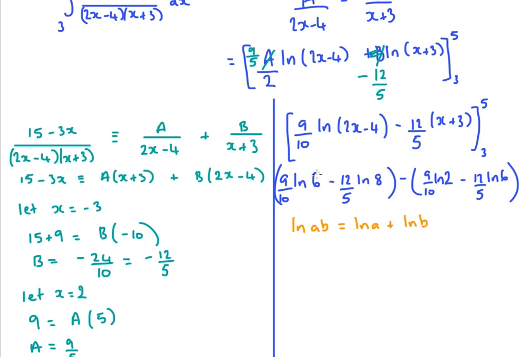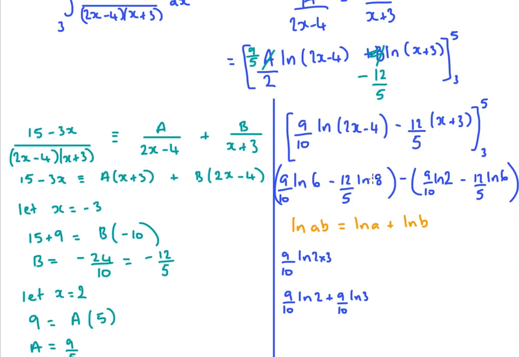And that's what we can do with this 6. We can split the 6 into 2 times 3. So I'm going to rewrite this as 9/10 of the natural log of 2 times 3, because I can change that then to 9/10 of the natural log of 2 plus 9/10 of the natural log of 3. And that's where the 2s and 3s are going to come from.